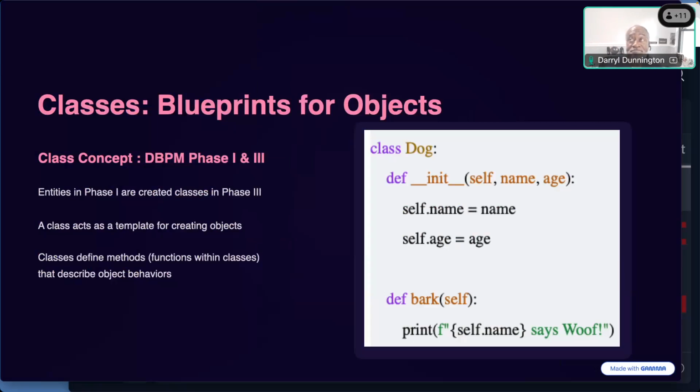So in Python, how do we do that? We use the class keyword, class dog, followed by colon, and that's all you do. Now at that point, it doesn't do anything because you hadn't created any behaviors and you hadn't gave it any attributes, but that's really all you do.